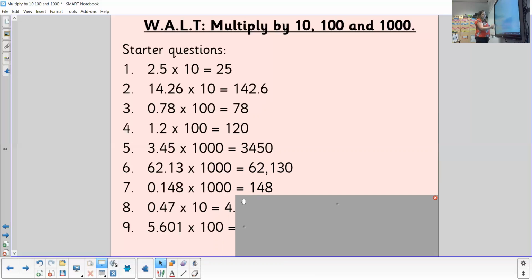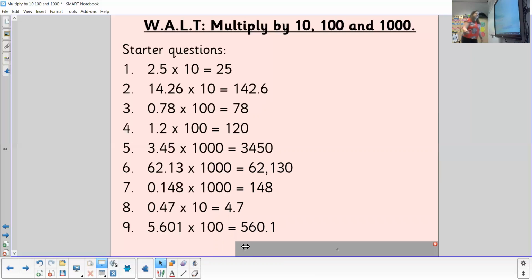Number 8, I've got 0.47 times 10. We've covered part of the answer there. It would be 4.7. And times 100, we're going to move 2 places, so it should be 568.1.